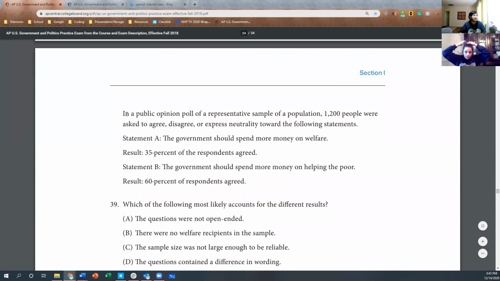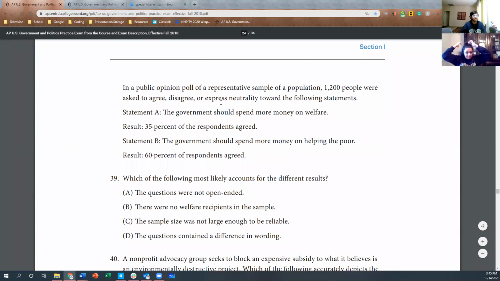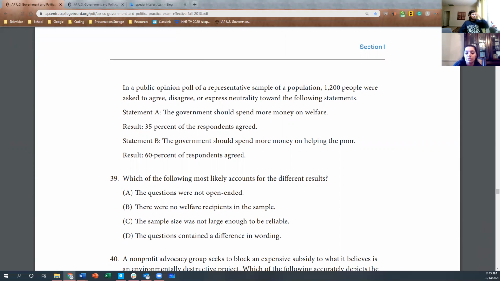Okay. Oh, we haven't learned about polling yet, but I think we can answer this with our knowledge. In a public opinion poll of a representative sample of a population, 1,200 people were asked to agree, disagree, or express neutrality towards the following statements. Government should spend 35%.